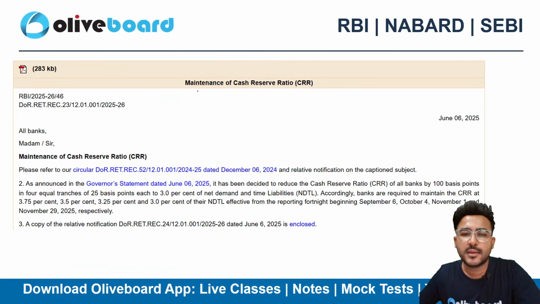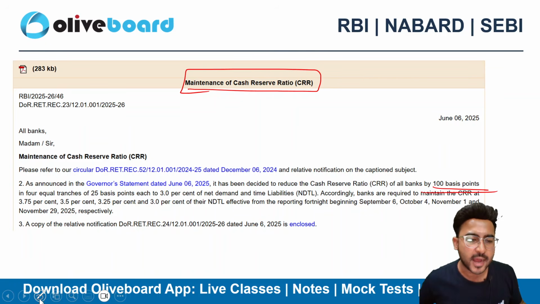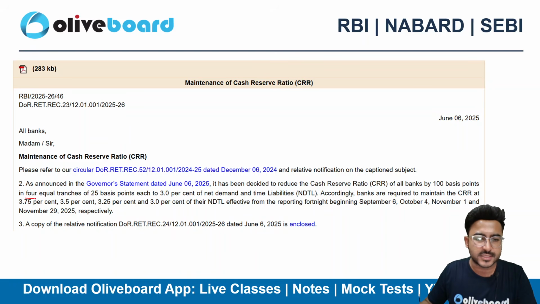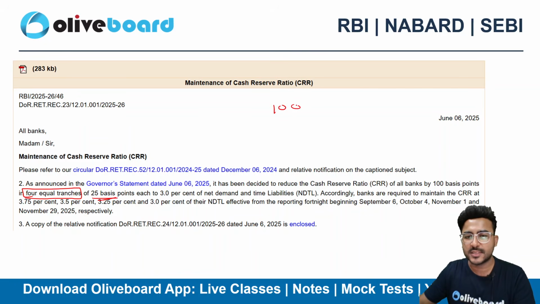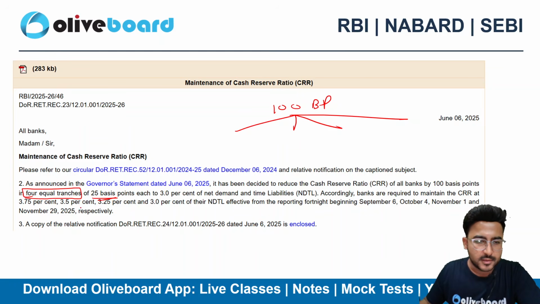And then another criteria was maintenance of CRR. We all know that RBI has reduced the CRR as well by 100 basis point to inject high level of liquidity in the banking system. Now this will be done in 4 stages, 4 equal tranches of 25 basis point, right? So this 100 basis point will be done in 4 equal installments or tranches, right?